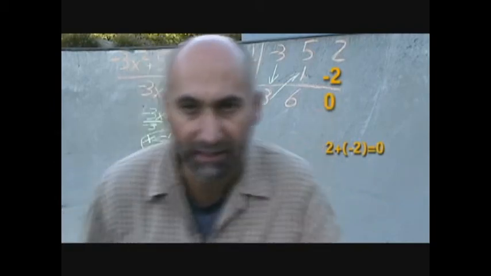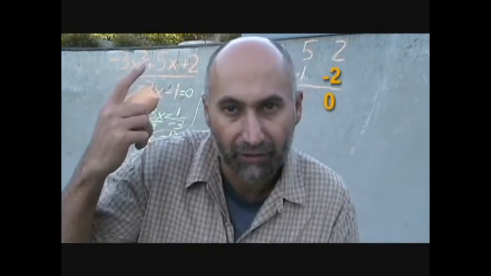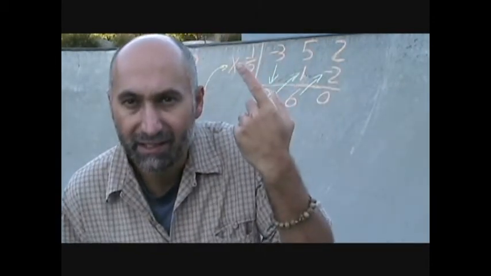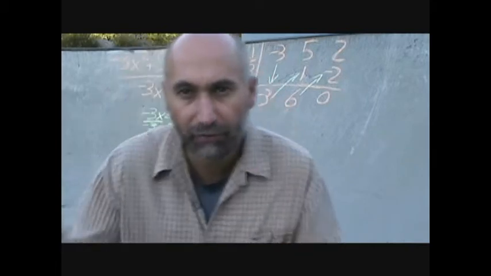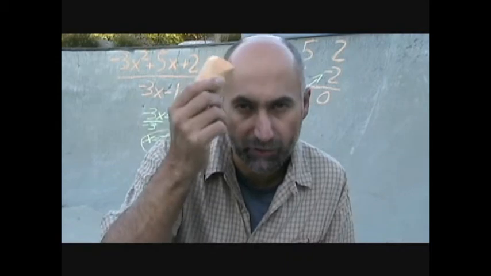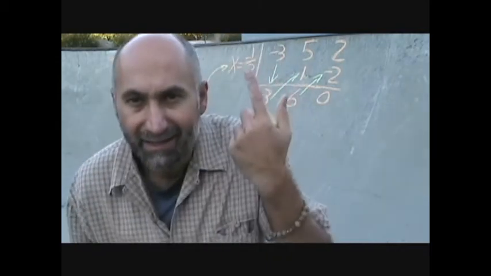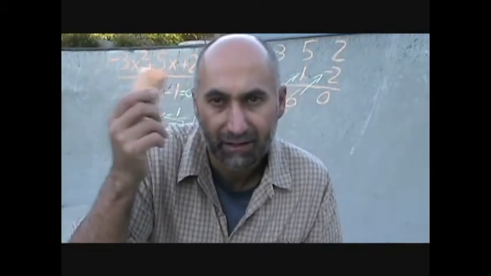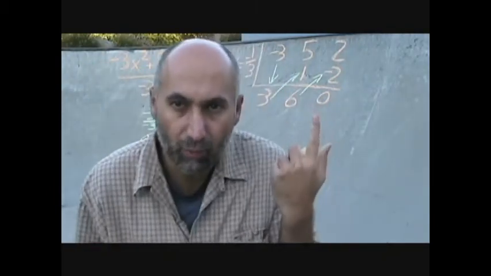So what that means is that guy is a factor of that guy because our remainder is 0. That means if we sub in x equal to -1/3 for all the x's in the numerator, the answer is going to equal 0, which means this guy is an x-intercept. That's where it crosses the x-axis. That's where y is equal to 0.